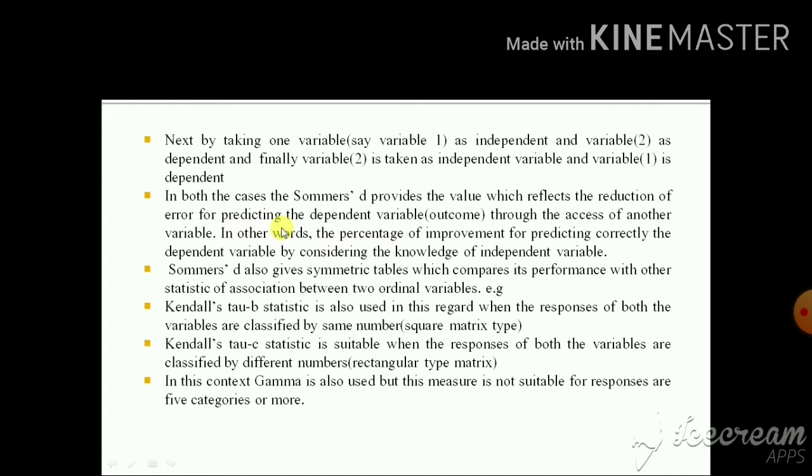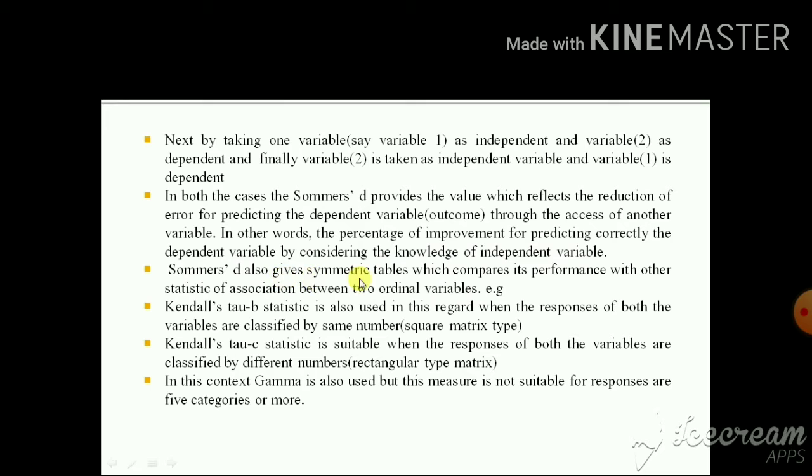In both cases, Somers D provides a value which reflects the reduction of error for predicting the dependent variable or outcome through the access of another variable, that means the independent variable. In other words, it is the percentage of improvement for predicting correctly the dependent variable by incorporating the knowledge of the independent variable.